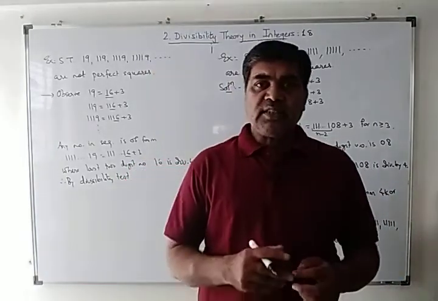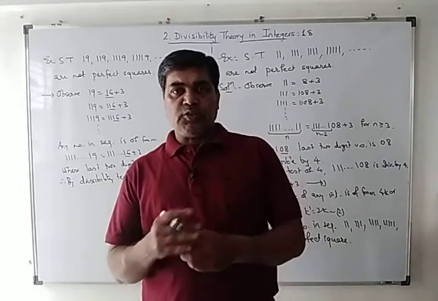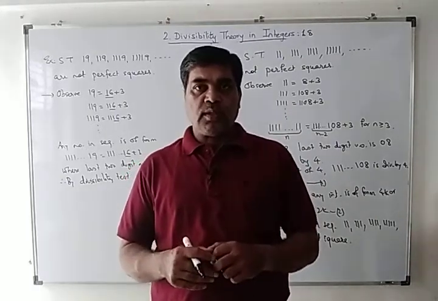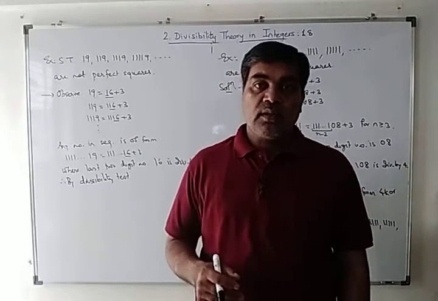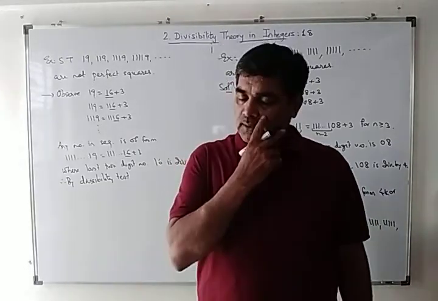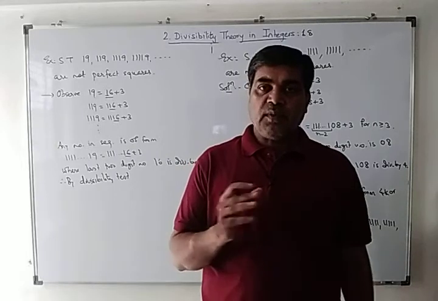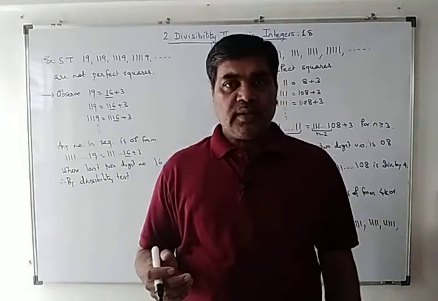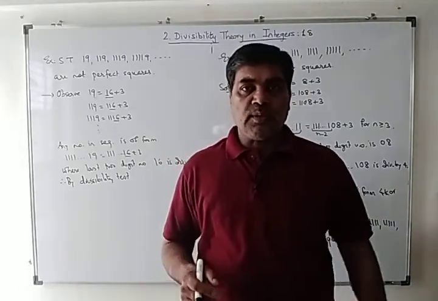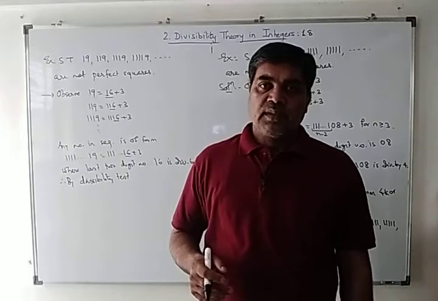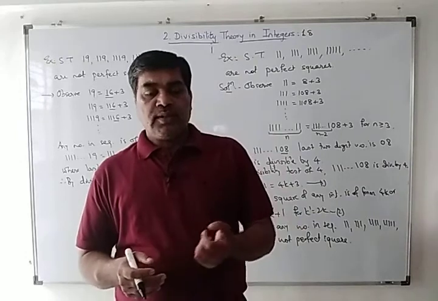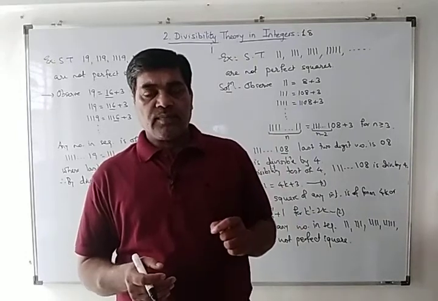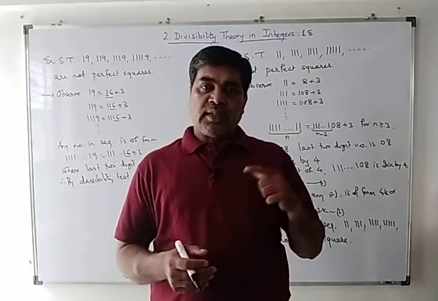If the sum of all digits in the given number is divisible by 3 or 9, then that number is divisible by 3 or 9. Divisibility test for 4: if the last two digit number is divisible by 4, then that whole number must be divisible by 4.